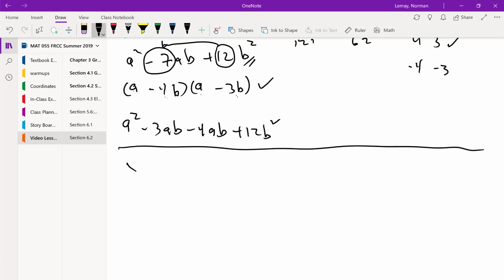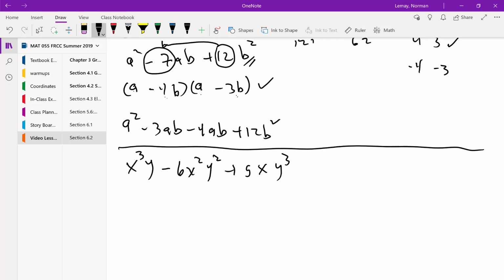Alright, so now we get x cubed y minus 6x squared y squared plus 5xy cubed. So this is kind of hooky, but let's just observe something that we have not done in the previous examples.